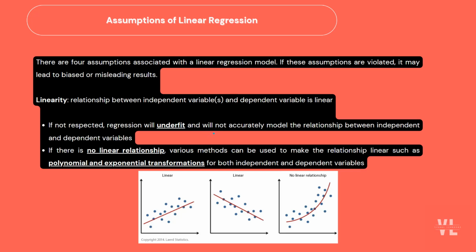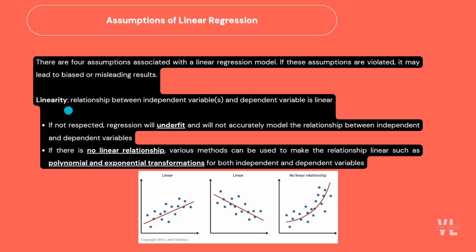So before we move on to linear regression, let's see some assumptions that we should consider about the linear regression algorithm. There are 4 assumptions associated with a linear regression model. If these assumptions are violated, it may lead to biased or misleading results. The first thing that we need to consider is the linearity between the dependent variable and independent variables.